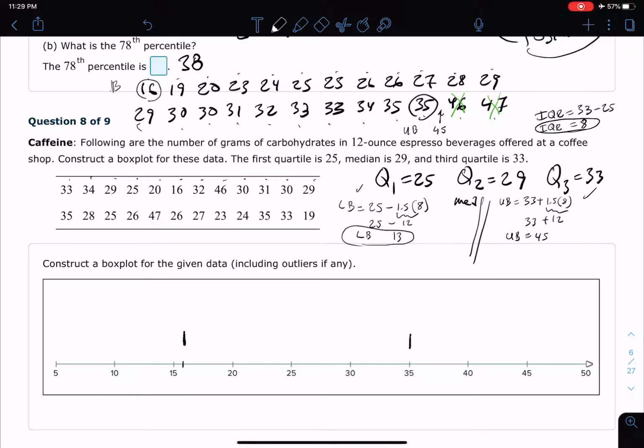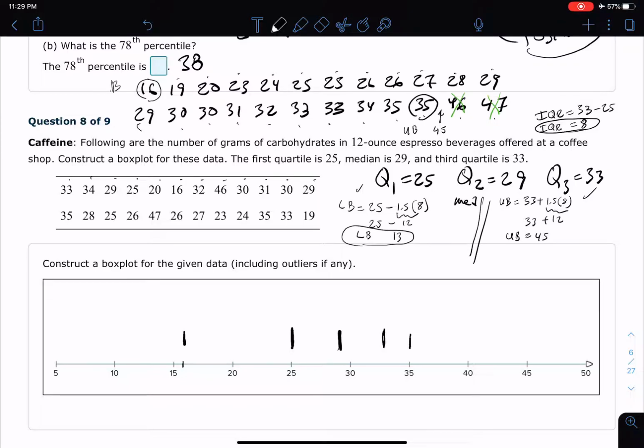There's my box and whiskers. There's my whiskers, rather. Then the box part is the IQR. So my Q1 is 25. That goes right here. My median Q2 is 29, which is about right there. And my Q3 is 33, which is about there. Oh, 33, no, wait a minute. Yeah, 33 is closer.